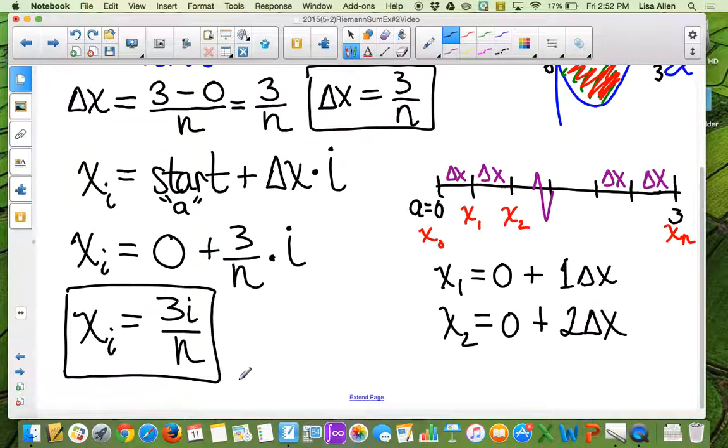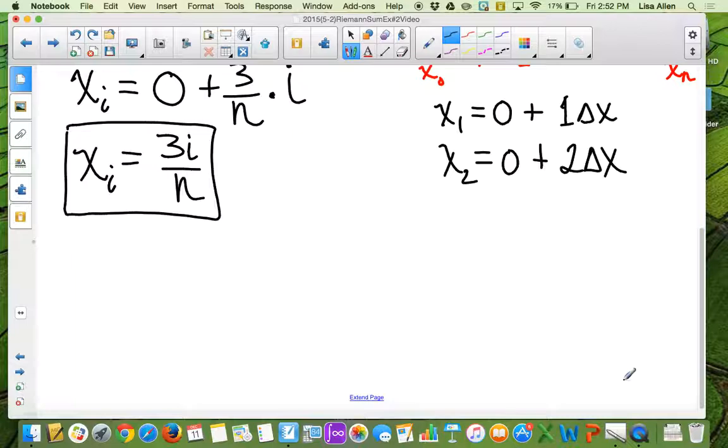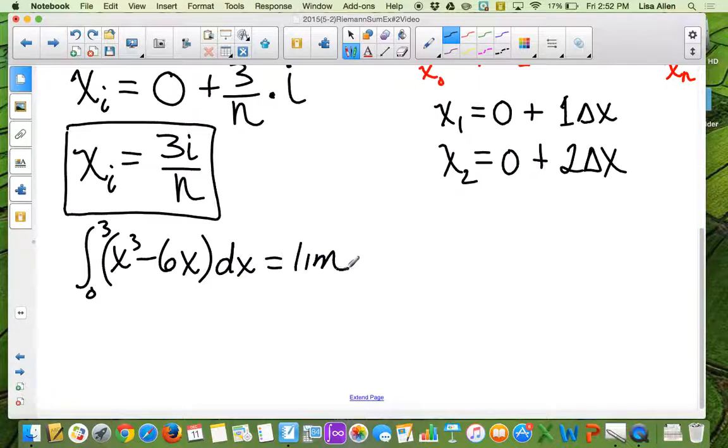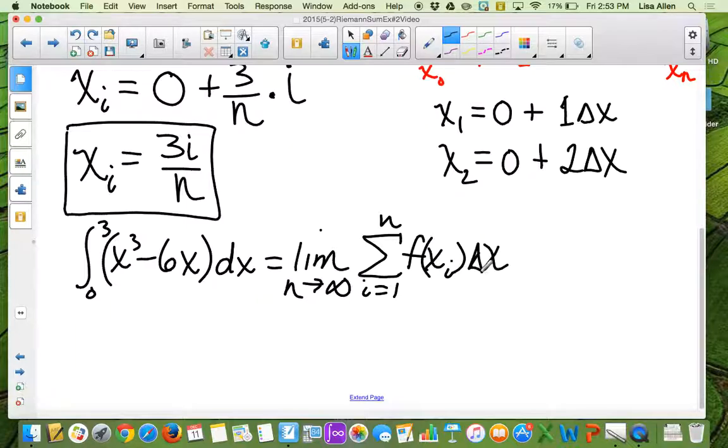So scrolling down. Now we have the definite integral from 0 to 3 of x cubed minus 6x dx is equal to the limit as n approaches infinity of the summation from i equals 1 to n of f of x sub i delta x.